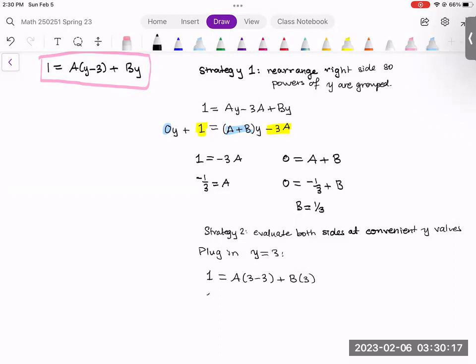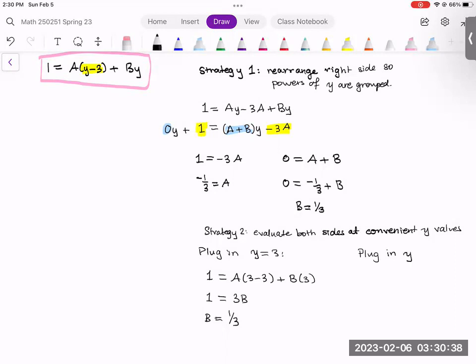And so this simplifies down to just being 1 equals 3b. And so b equals 1/3. Okay, so we were choosing the y value that made y minus 3 equal to 0.